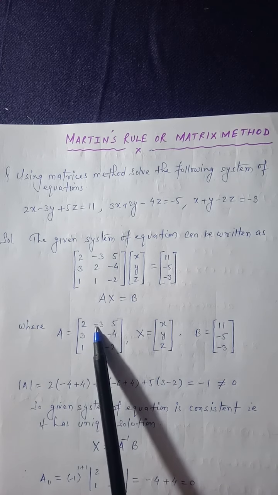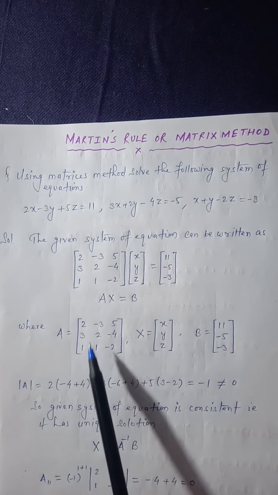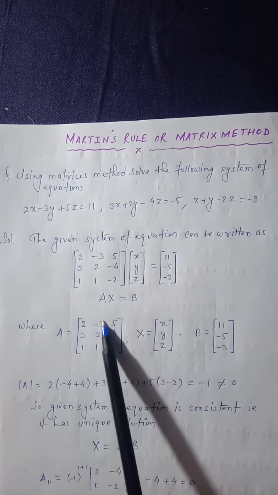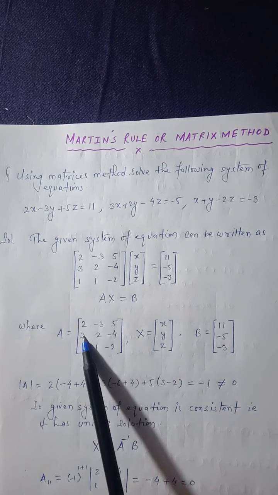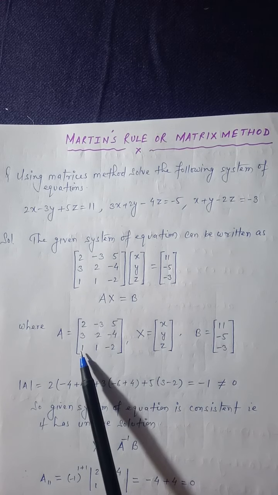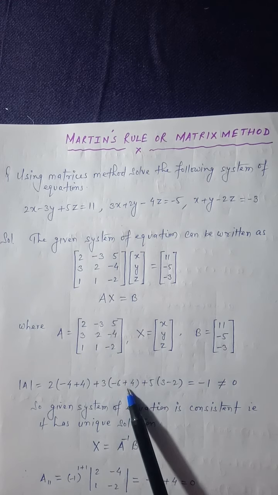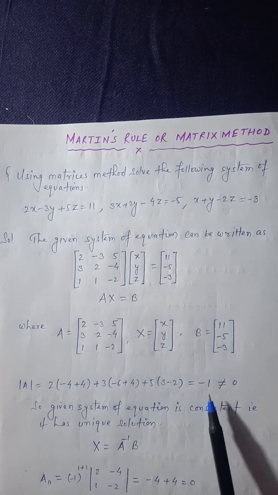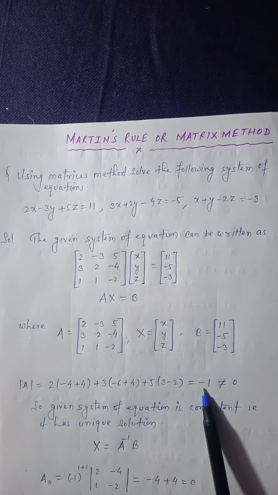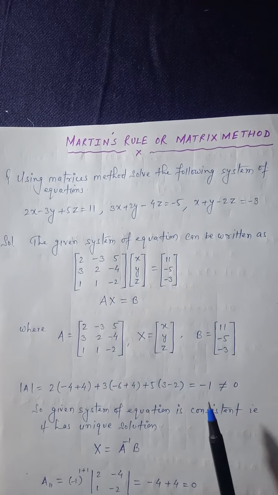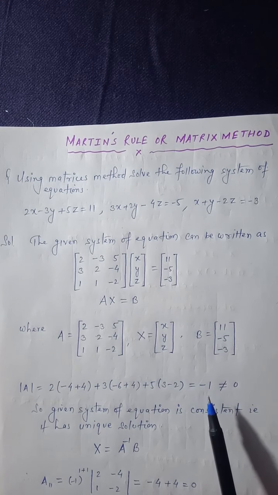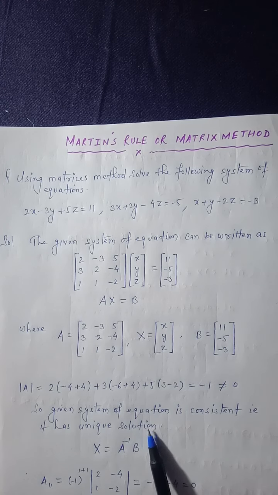Similarly, the next element will be taken as negative and minus minus will become plus. So this column will be deleted, this row will be deleted: minus 2 into 3 minus 6, and minus minus plus 4. Similarly 5 into 3 minus 2, so we will get minus 1. So here the determinant of A is non-zero, so we will say that the given system of equations is consistent, or it has a unique solution.